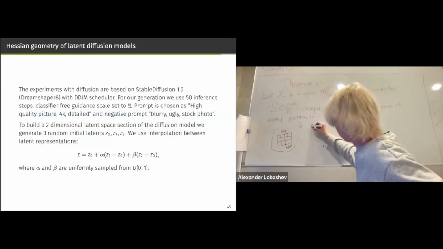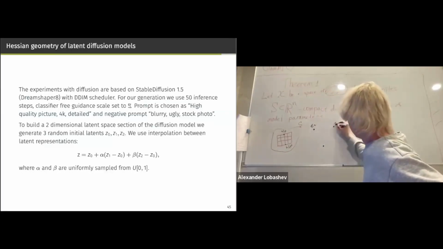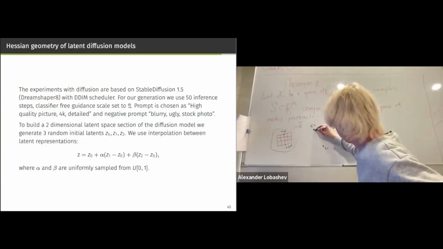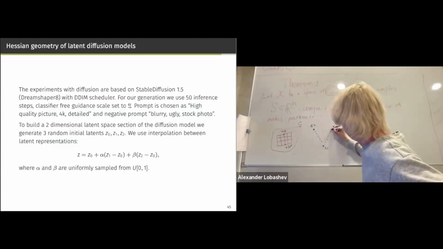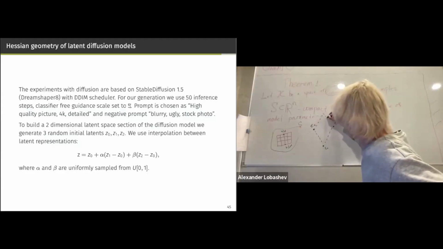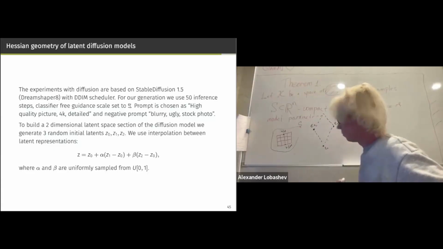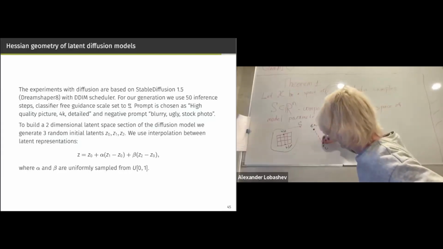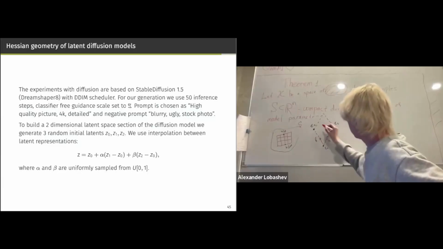So we have latents 0, 1, and 2, and then we just construct a linear interpolation. We have 2 interpolation parameters, A and B, which both range from 0 to 1.